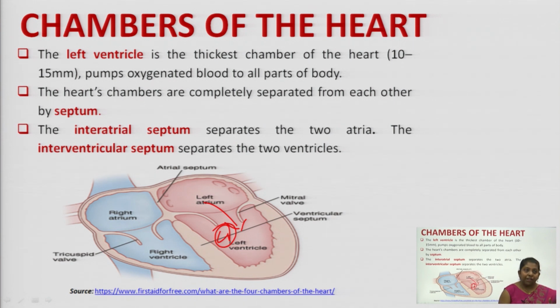Here your left ventricle has a thickness range of 10 to 15 mm. This is quite thick, because the left ventricle is the one pumping out the oxygenated blood into your aorta with the maximum strength, and that's why the muscular portion should be more. Fine.